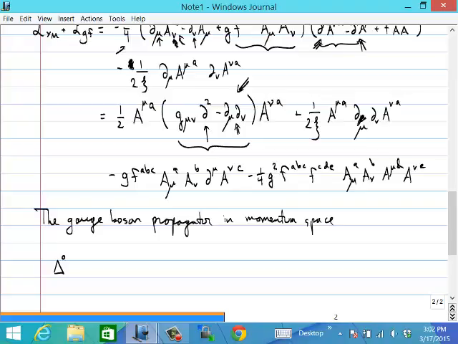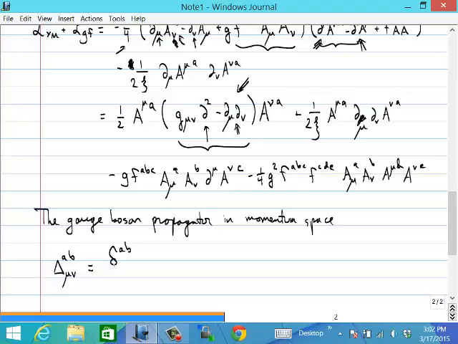Well, it'll have an A and a B index, and a mu and a nu index, right? Because now we have one gauge field for each value of the Lorentz index mu, as well as for each value of the gauge index A. And the propagator is diagonal in the gauge index. We can just put a delta^{AB} there.